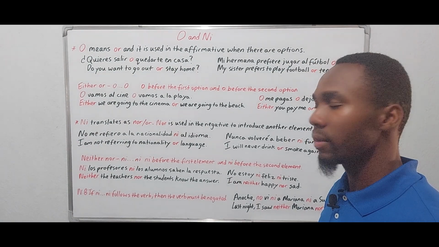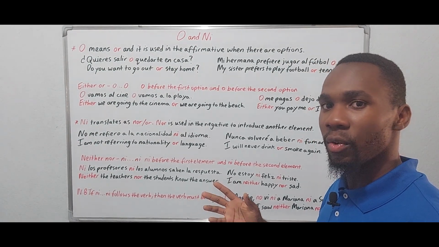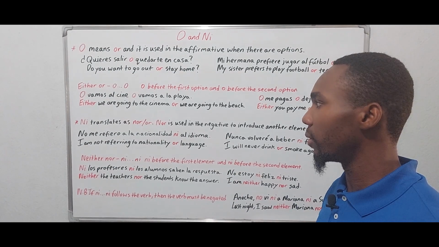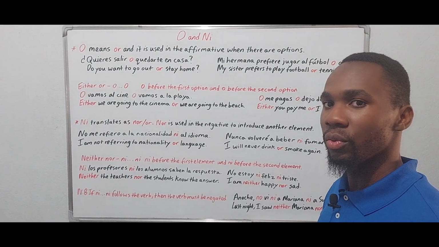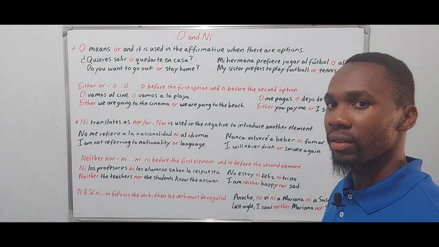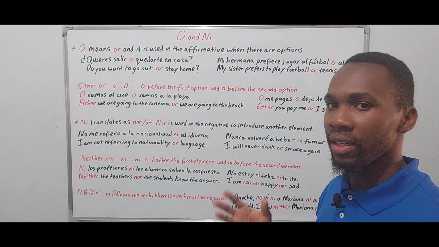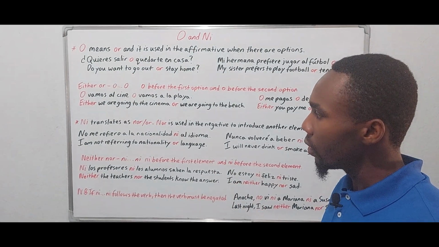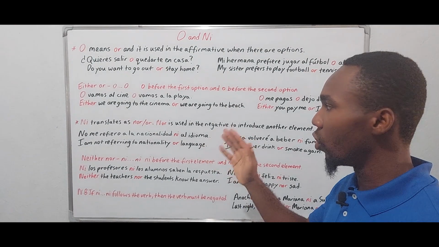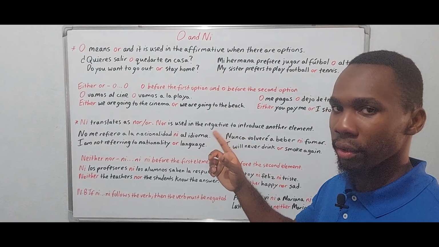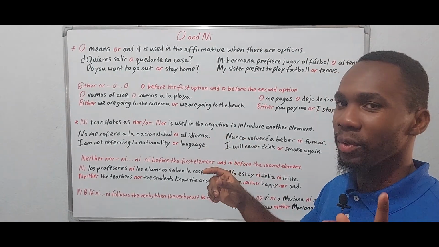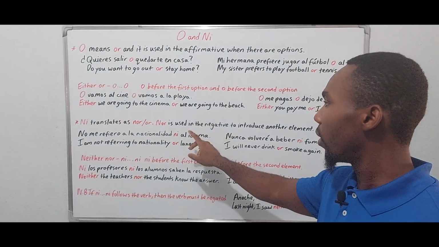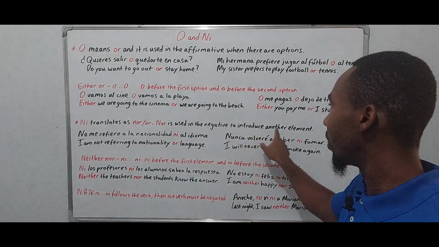Super. Now it's time to go on to the negative counterpart when it comes to this particular topic, which should be ni. So ni translates as nor or, right? And we'll get to that shortly. Nor is used in the negative to introduce another element.